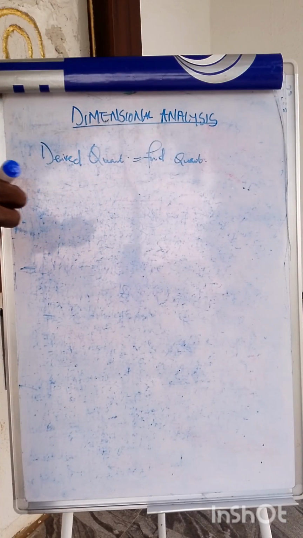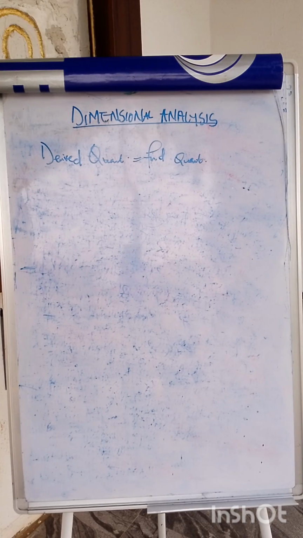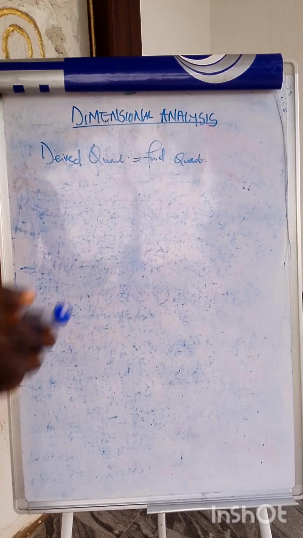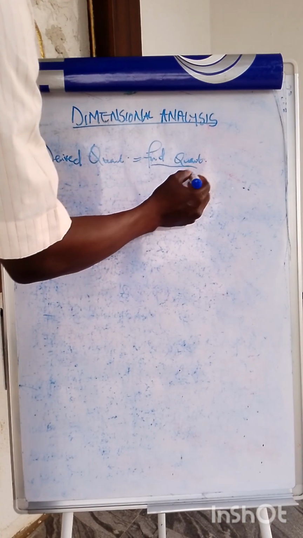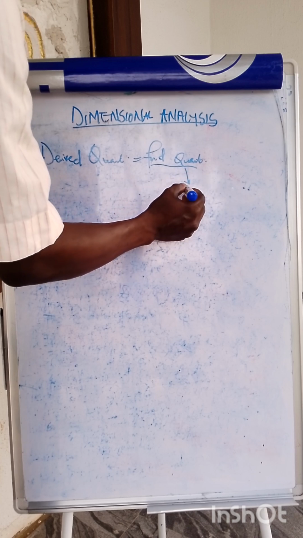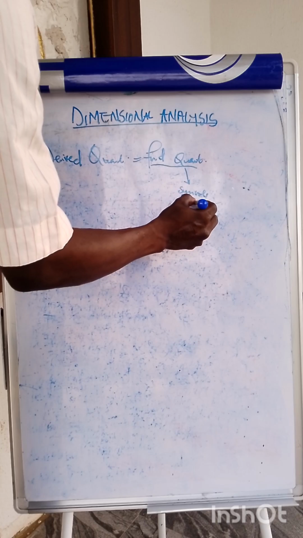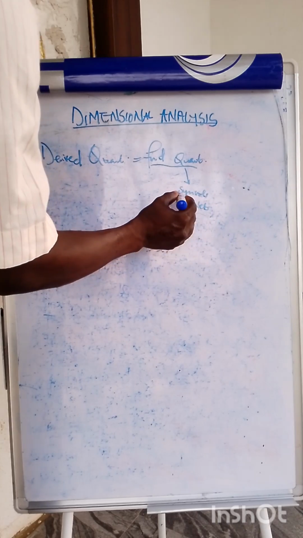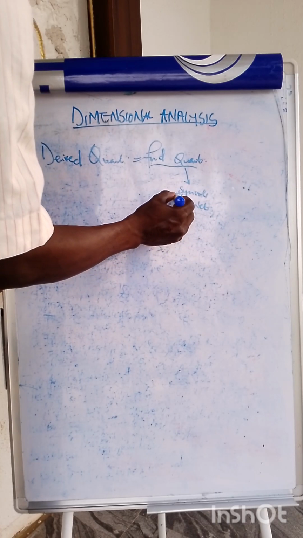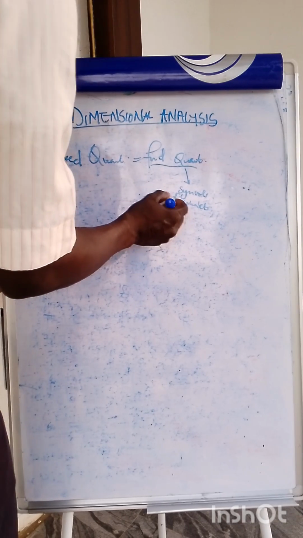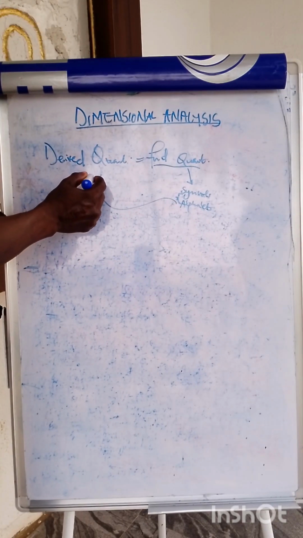Fundamental quantities are those we use as our basic quantities to obtain derived quantities. These fundamental quantities are represented using symbols, and the combination of these symbols is what gives rise to our derived quantities.